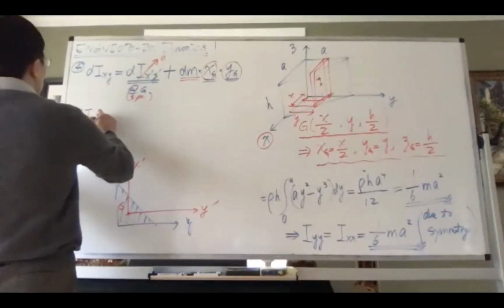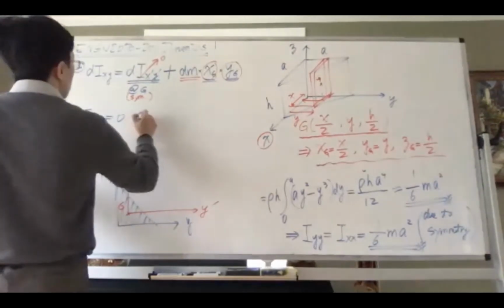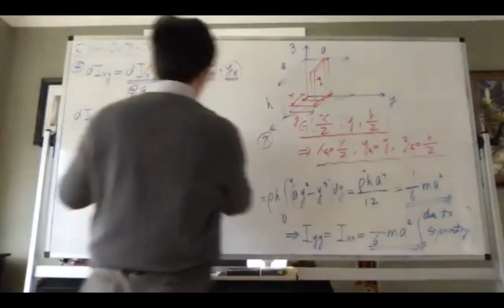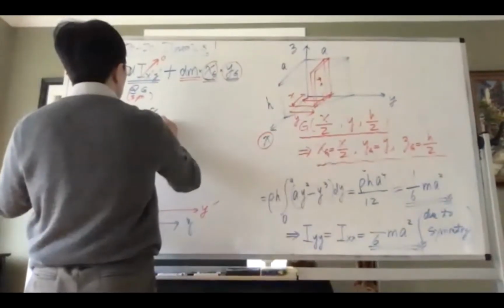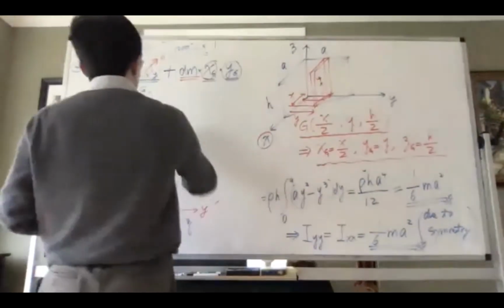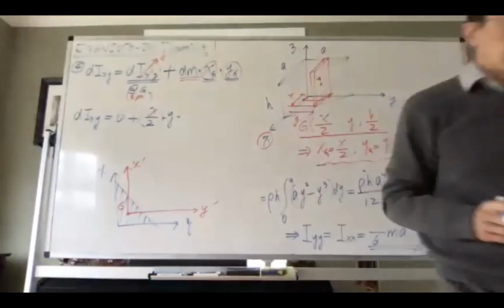So dIxy becomes what? Becomes 0 plus xg yg, where xg is x over 2, and yg is just y, times the unit mass.